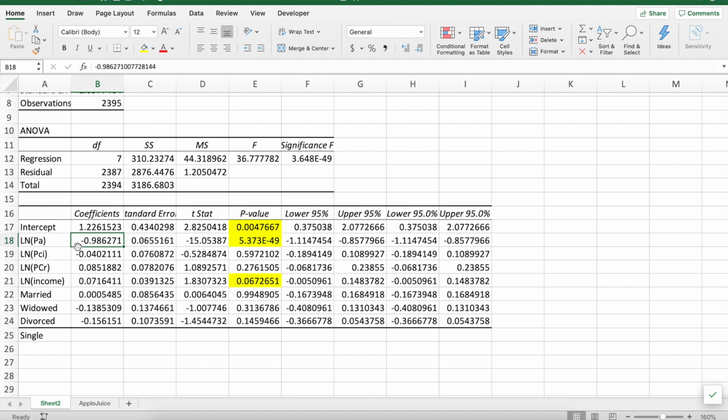And in that case, you can put your apple juice on sale, and that's going to increase your revenues. But as long as apple juice exhibits inelastic demand, putting your apple juice on sale is a bad idea. So that's essentially the big takeaway from this model, because most of everything else is insignificant.